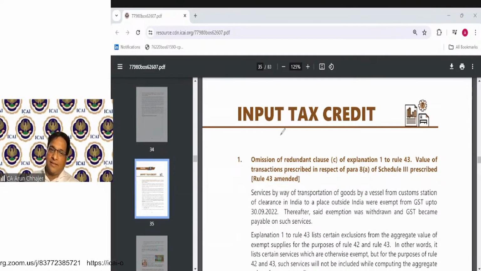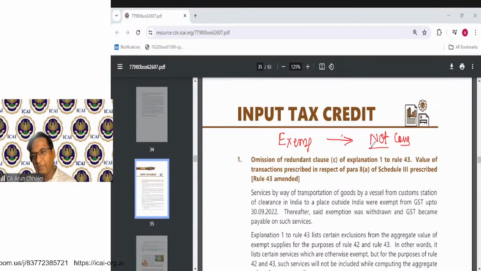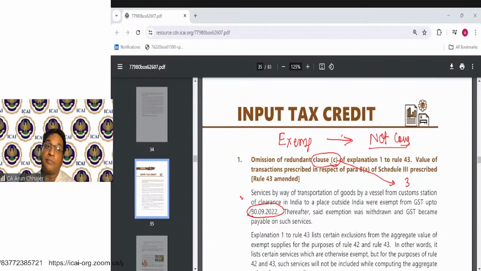See, exempt supply not considered as exempted for the purpose of reversal of ITC. In this, there was clause C, transportation of goods by vessel from India to outside India. This exemption was withdrawn on 30th September 2022. It means from 1st October 22, it became taxable.